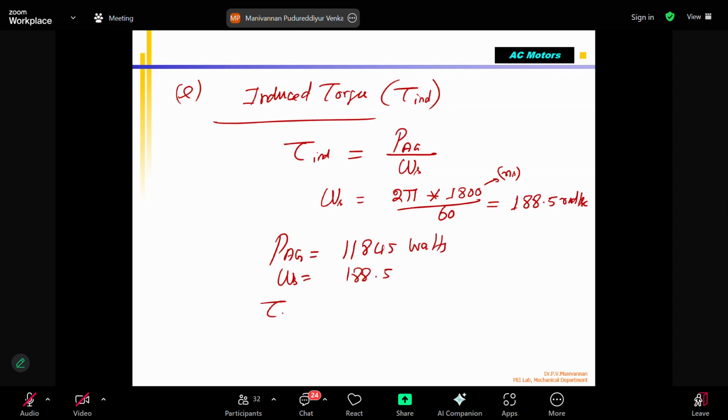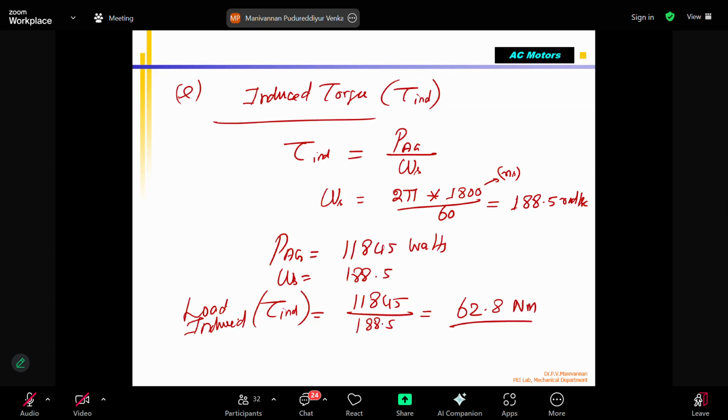So tau induced, the load induced, is nothing but 11845 divided by 188.5. This gives 62.8 Newton meters torque. So then they asked about tau load, the load torque.